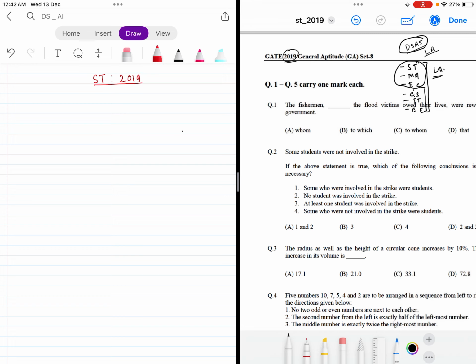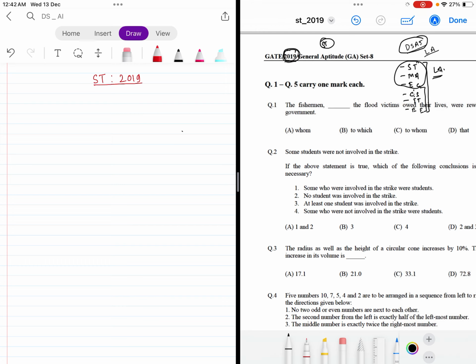But I will try my best to solve all those questions, so that you get the benefit of seeing where these questions come from, and you can solve more similar types of questions. So let's start with today's 2019 statistics paper.